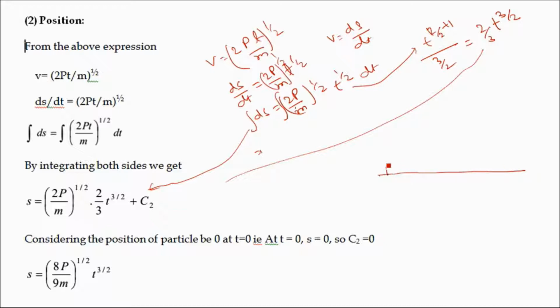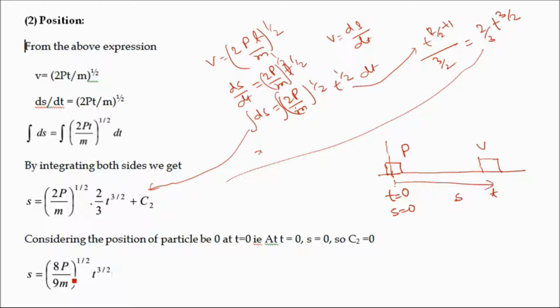Our condition is that the particle is under a constant power P, it starts at t equal to 0 with initial displacement s equal to 0, and we have to calculate the velocity and displacement s at time t.